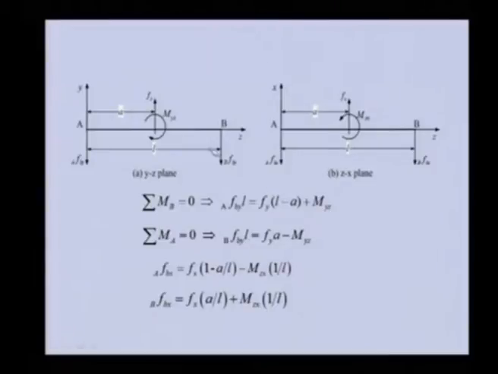You can see the total length is L, from here to here is distance L. So the moment arm for Fy will be L minus a plus this one, because they are acting in the same direction. So the sign will be the same.